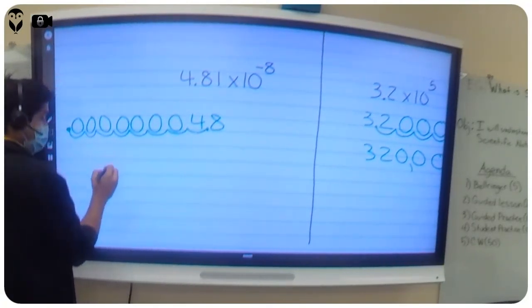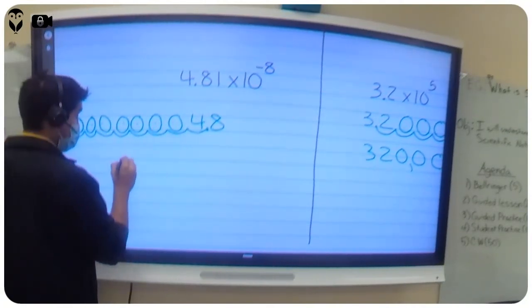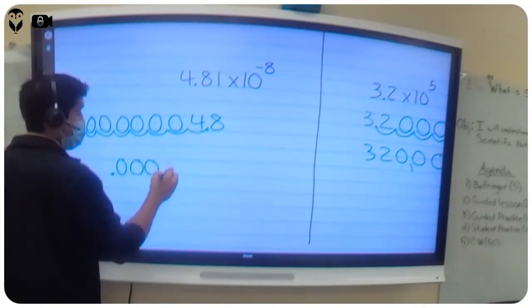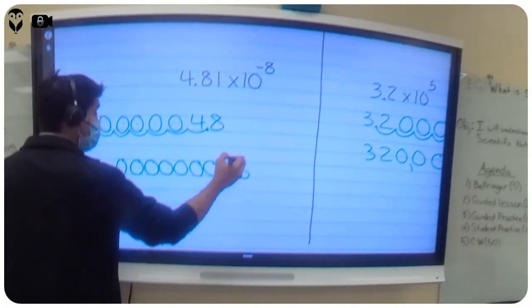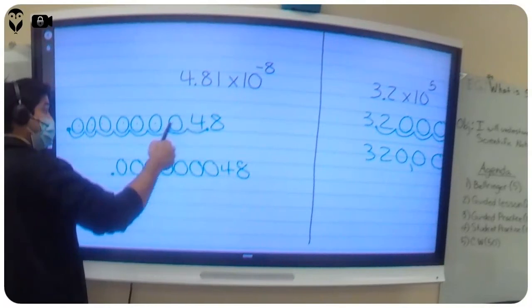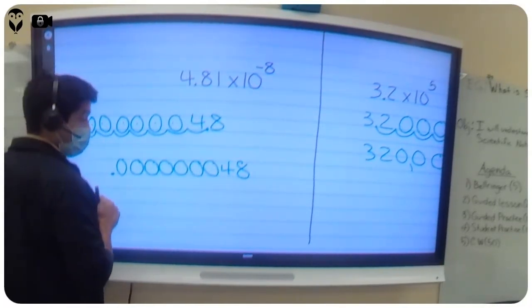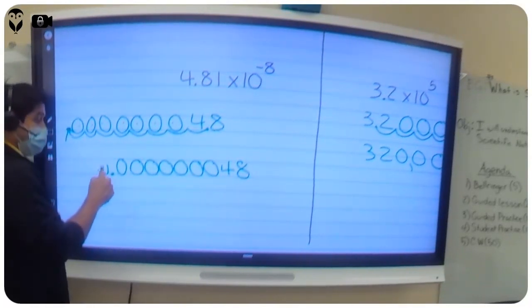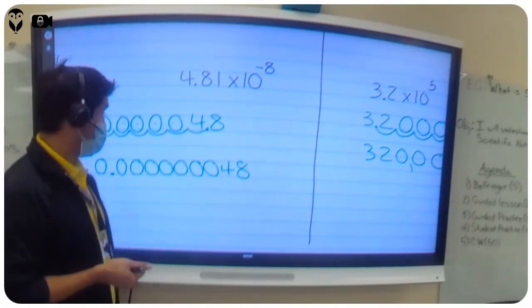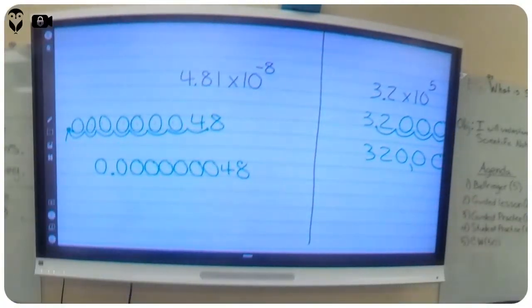Okay, so you can write point, and I have 7 zeros, and then 4, 8. You see, I didn't leave that decimal point there because we're moving it. We're moving it over here. Okay, and you can put a 0 here too. That's the same number. So you can put a 0 there or not. It is the exact same thing. So that's it. All right, those are lessons from this week. Good luck, guys.